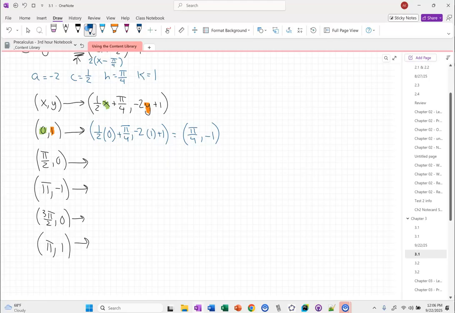Everybody feel okay? And I'm just going to keep grinding my way through. So this is going to be pi over 4 plus pi over 4. That's going to give me pi over 2.